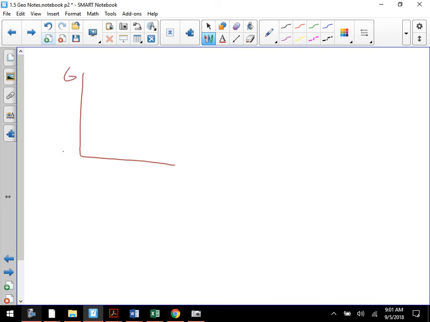G, N. But if I'm saying this is a right angle, what do you have to put there? Yeah, you got to put that little box there. If it says you create a right angle, now if I don't put that there, it may look like it, but I can't say that it is until that gets placed there. Yes, sir. Correct. It just meant that you made an angle.